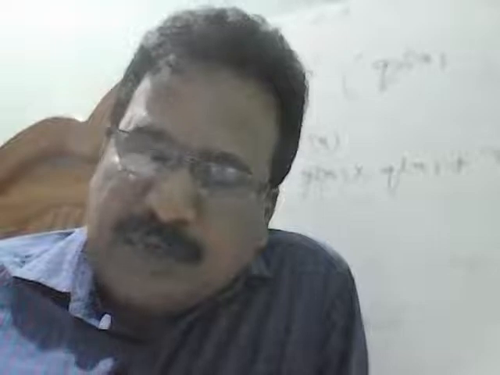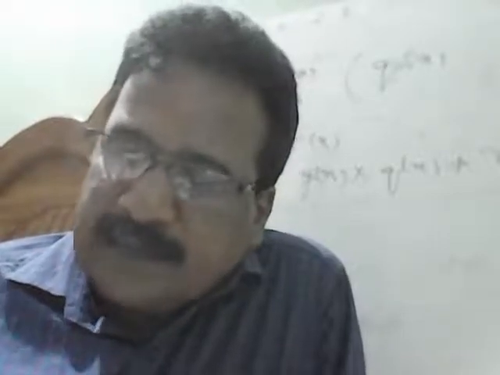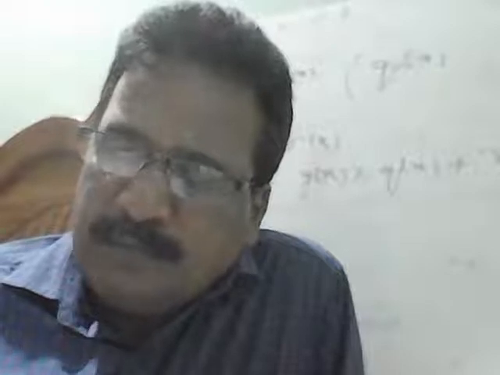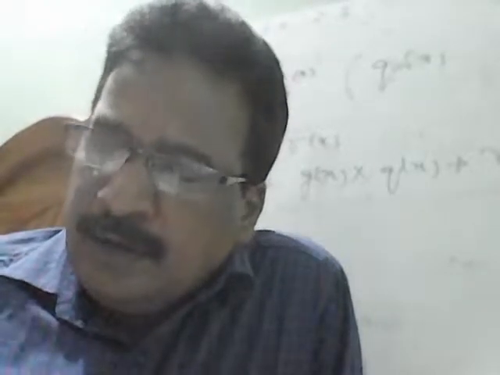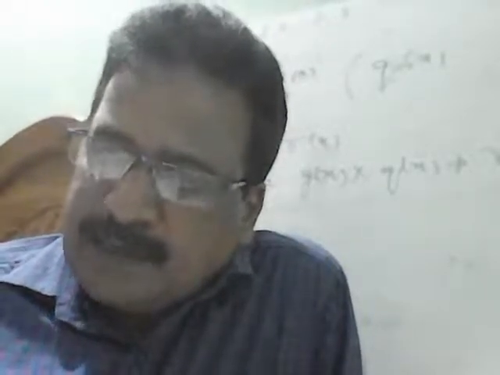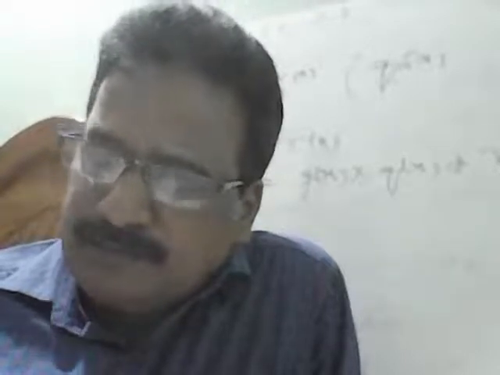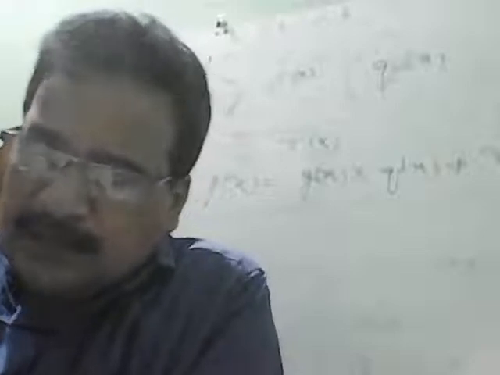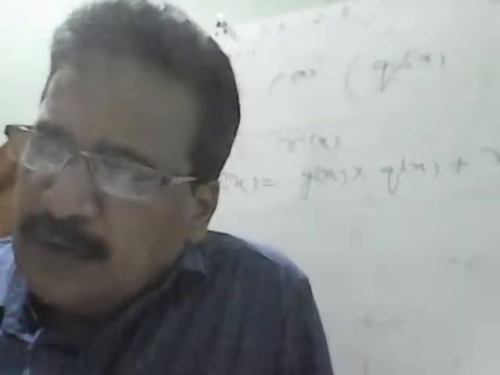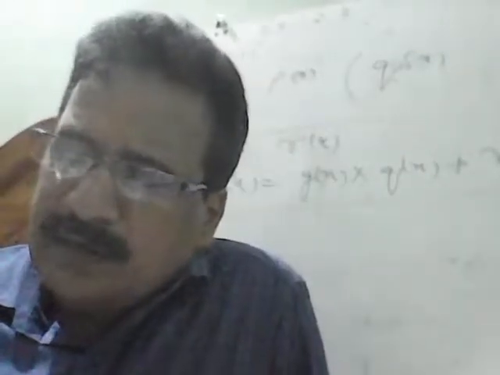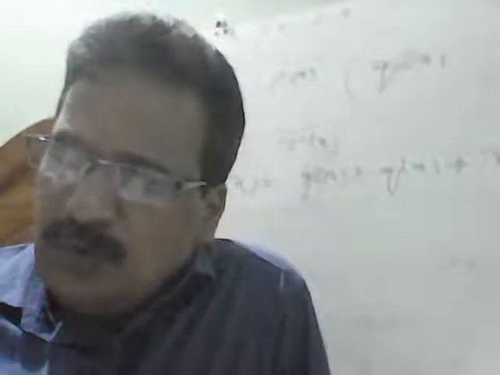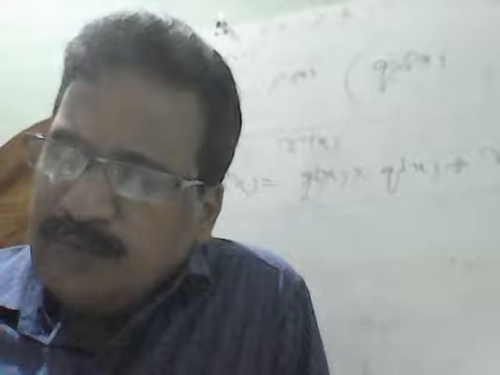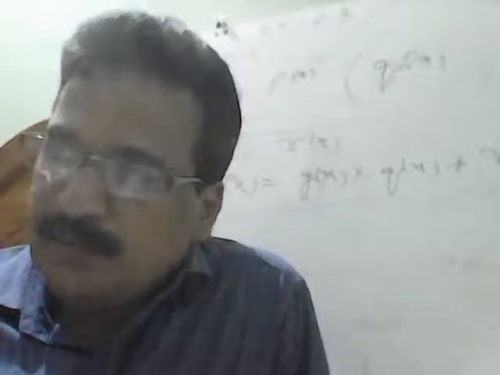By applying the splitting middle term method, or any factorization method, you will get the factors. Normally we use splitting middle term. Now 2x square minus 3x plus 1 equals 2x minus 1 into x minus 1.